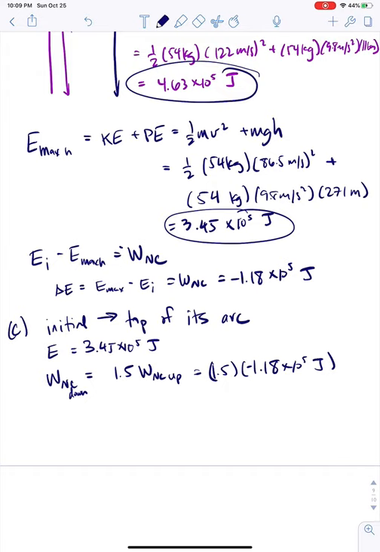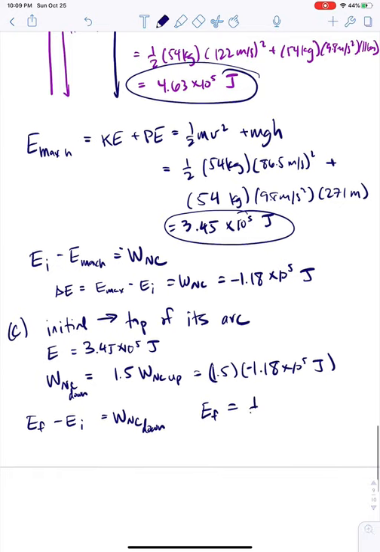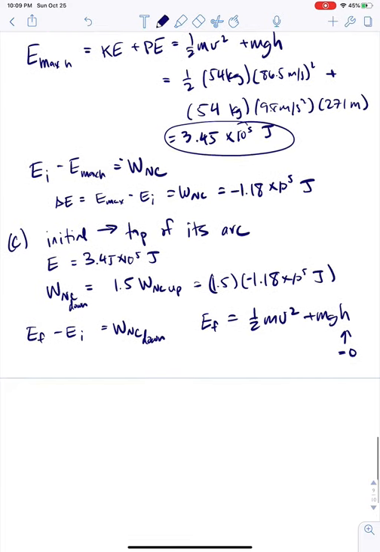And E final minus E initial is that work non-conserved going down. Our E final is just 1/2 mv squared because our final height is 0. Okay, so we've got 1/2 mv squared equals E initial plus work non-conserved on the way down.